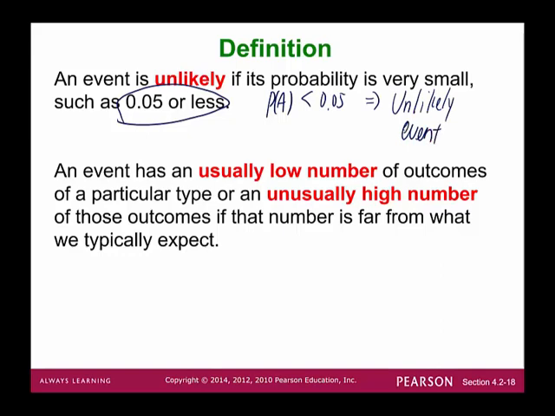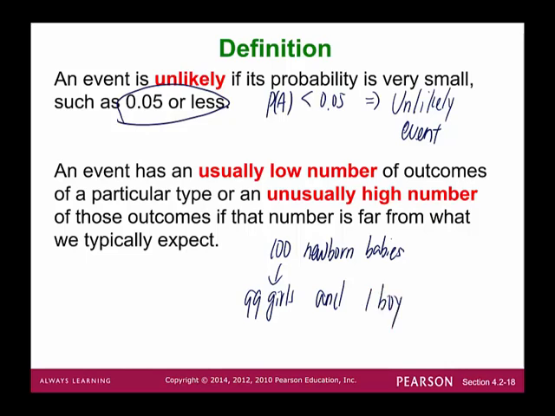Also, let me give you an example. Let's say you observe 100 newborn babies, and it turns out you have 99 girls and 1 boy. This 99 girls is a very unusually high number of girls, and you also have an unusually low number of boys. Ideally, we expect to have 50 boys and 50 girls. However, we get 99 girls and 1 boy.